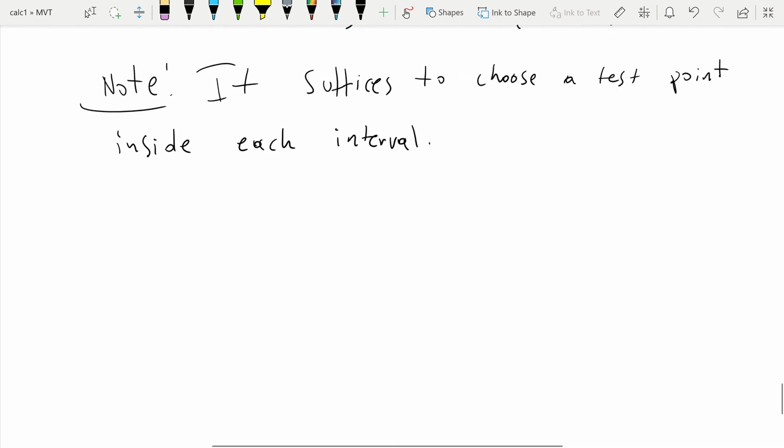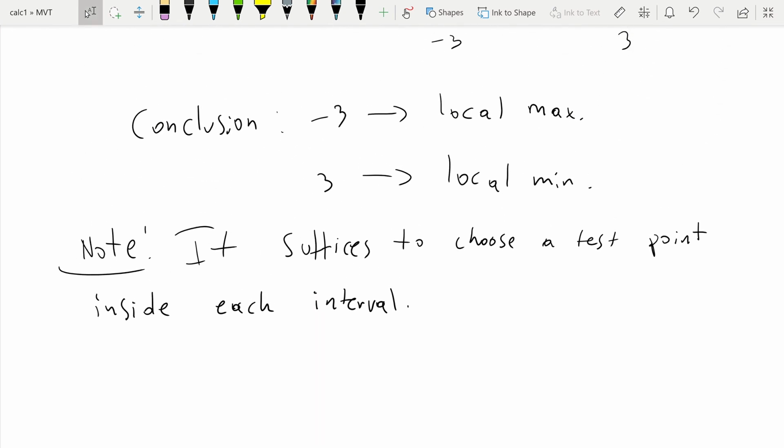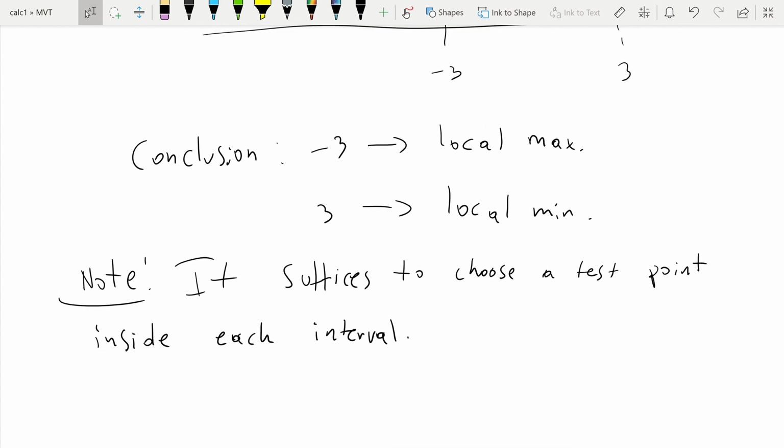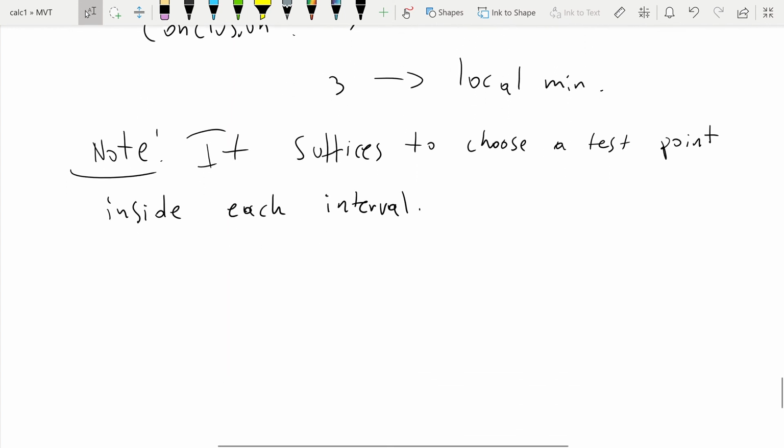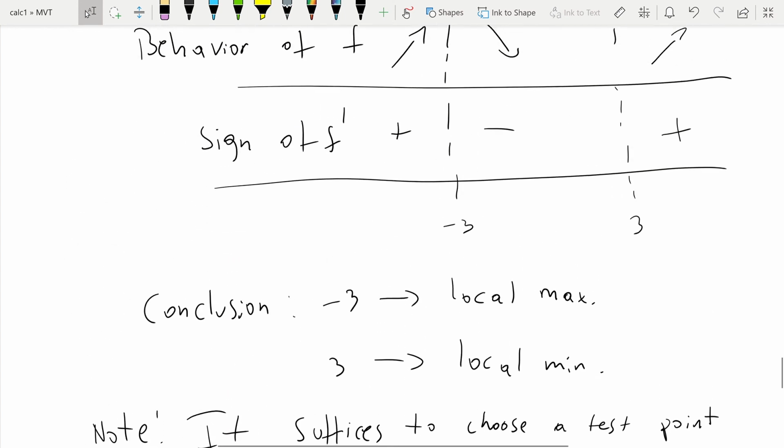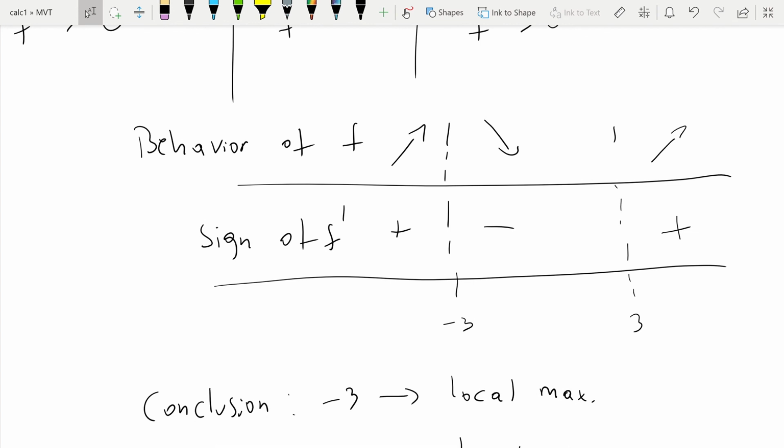But there are times where it cannot tell us anything because f double prime vanishes, just like in the example I gave you of x cubed. The function is increasing, but f double prime at the critical point is zero. But the first derivative test always works. So that's one thing you need to keep in mind.